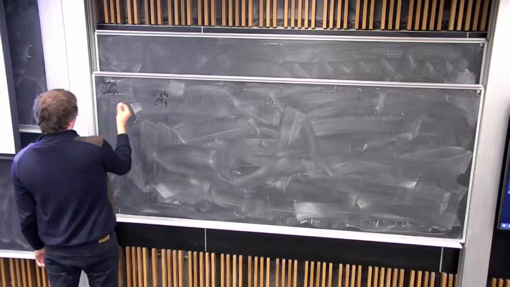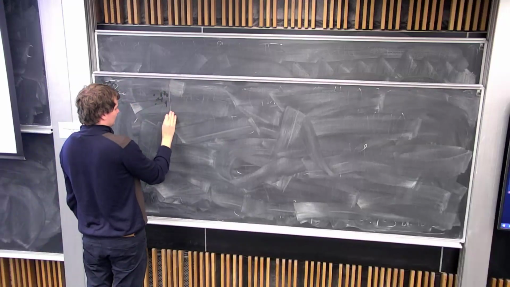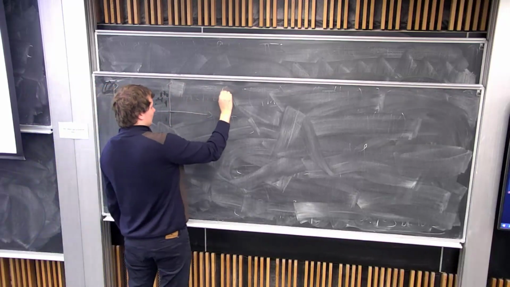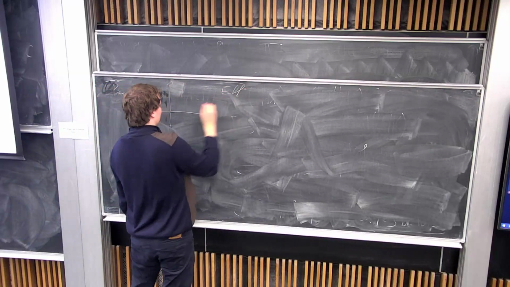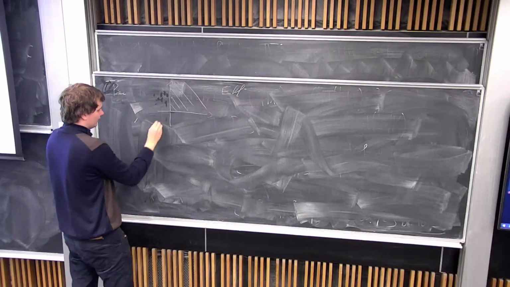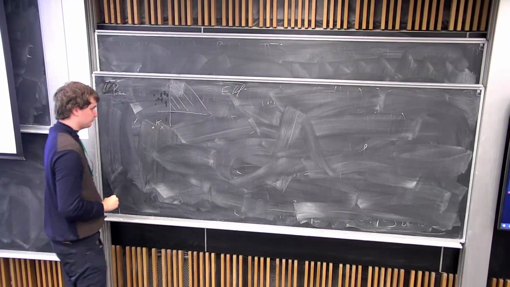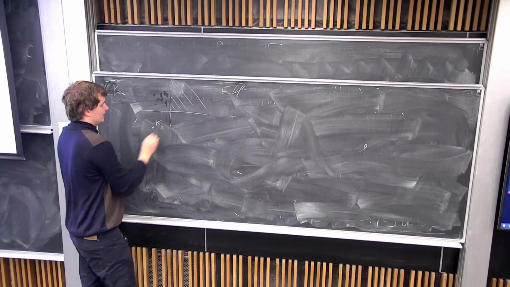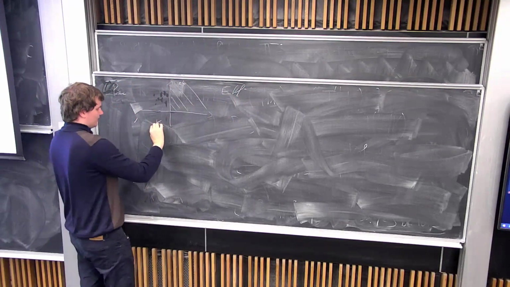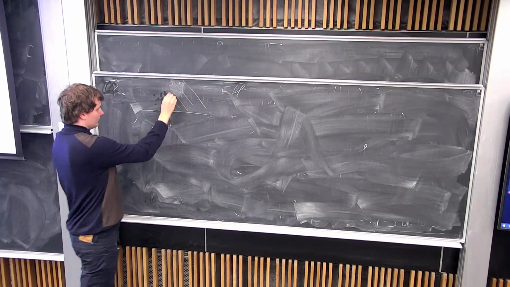Let's say your Picard group is like the plane. And then the effective cone is this area. Because X is Fano, the canonical divisor will lie somewhere here, and then L will lie somewhere here. What you do is keep adding L to K_X until you hit the boundary.